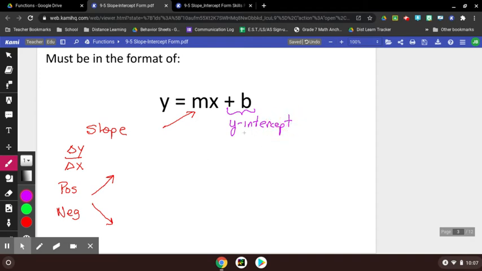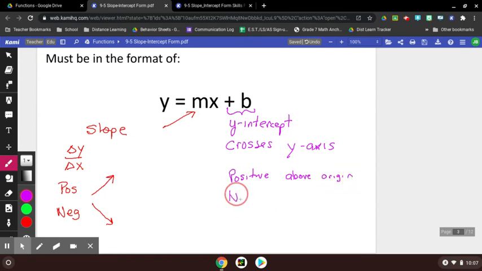Our y-intercept is where this crosses the y-axis. And again, we could have positive or negative values. Instead of plus b, it could be a minus b. So if it is positive, it crosses above the origin.